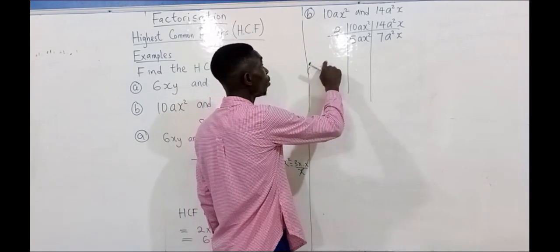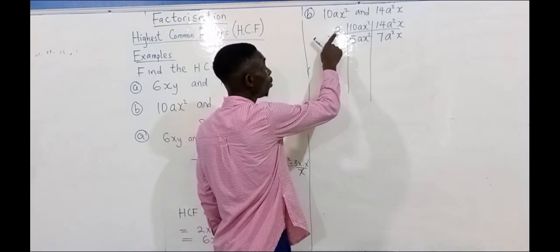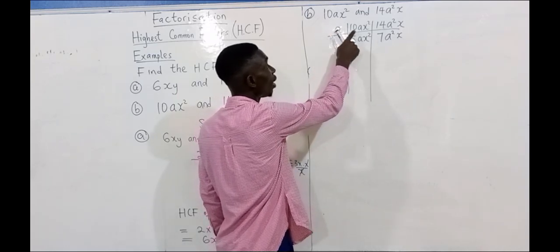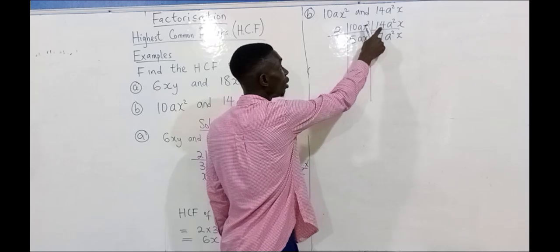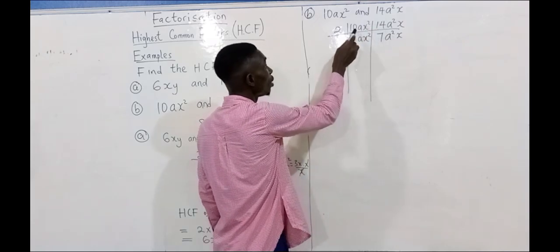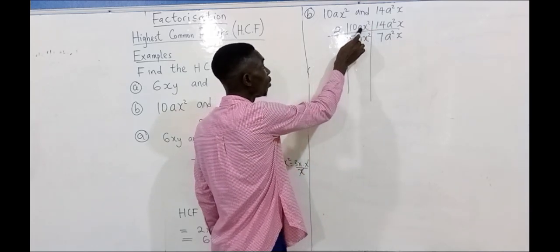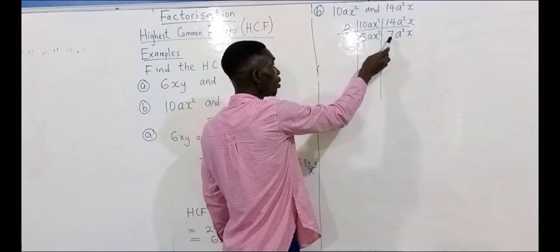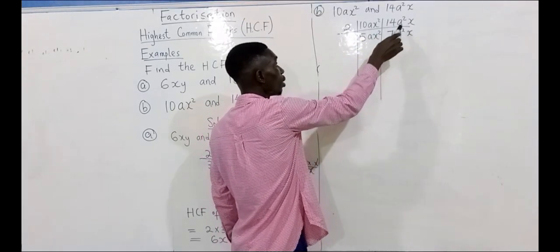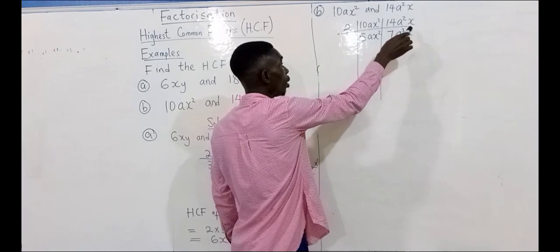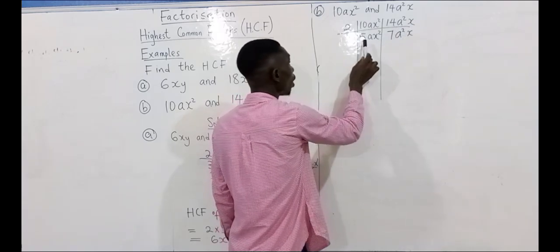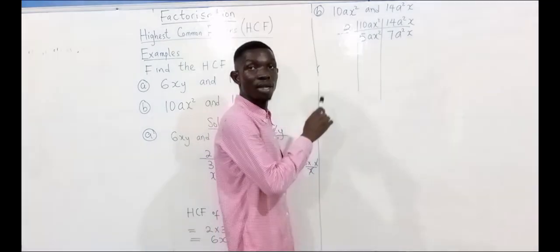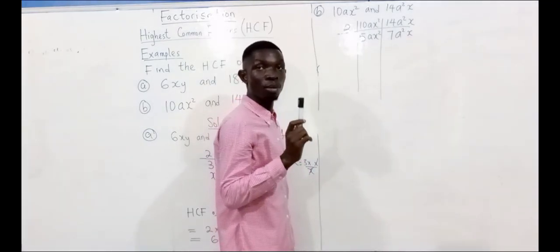Like I said before, 10 divided by 2 gives us 5. We are using 2 because 2 can divide both 10 and 14. Then we bring down ax squared, and 14 divided by 2 is 7, and then we bring down a squared x. Now looking at 5 and 7, there is no number that can divide these two numbers at the same time.